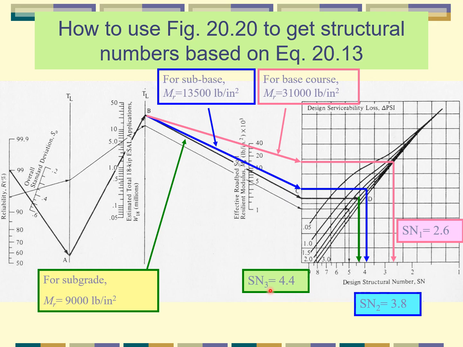Well, I have already explained that SN3 is representing the structural number of the entire pavement, whereas SN2 is representing the structural number of the base course and the surface course. And this SN1 is representing the structural number of the surface course. To understand this, just consider this thing.